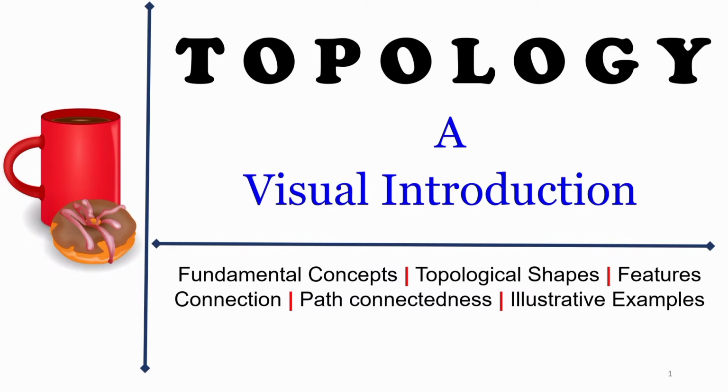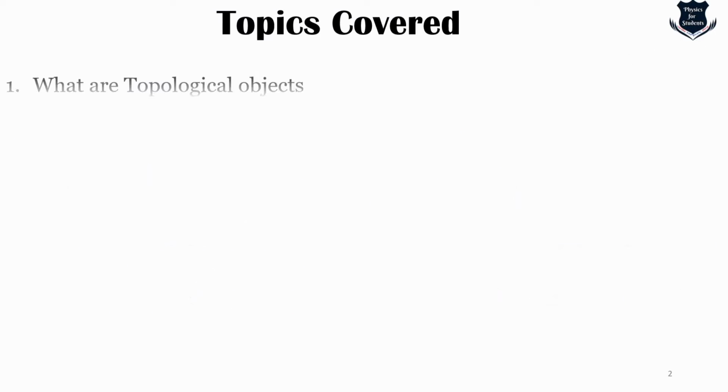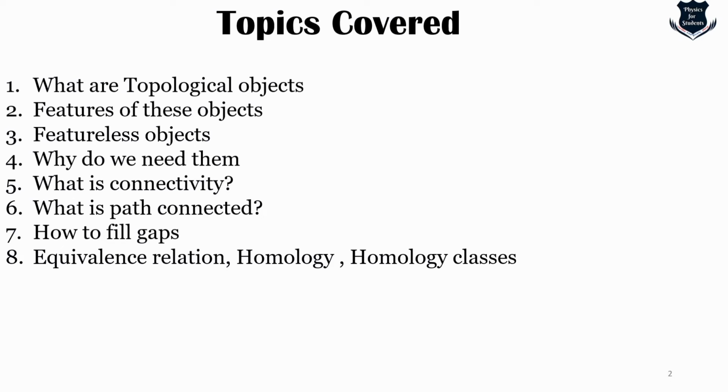So let us first find out what topics we are covering today. First, we will cover what topological objects are and how the features of these objects are different from others. What are featureless objects and why do we need them at all? What is called connectivity in terms of topological vocabulary?